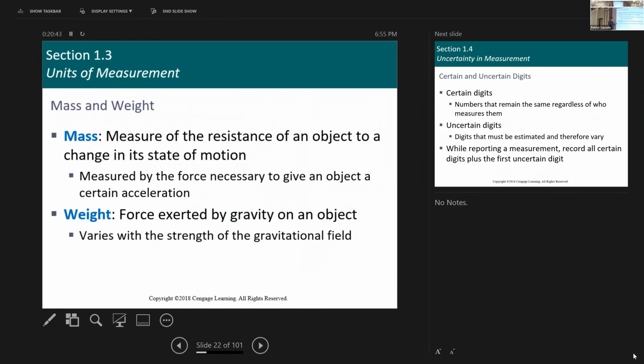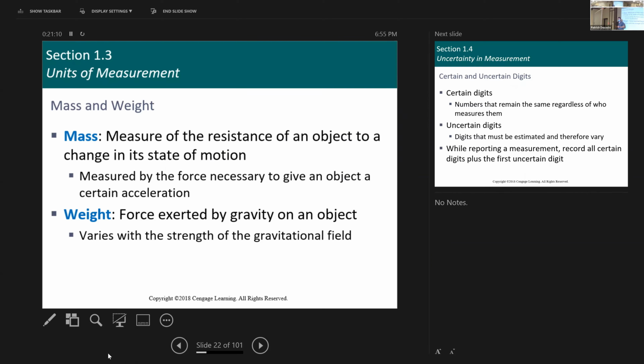Now, mass and weight. I mentioned that word, the slug. Before I get into the slug, we'll go over the difference between mass and weight. So mass, like I said, is the measure of, really, this definition is a little bit different, the measure of resistance of an object to change in its state of motion.